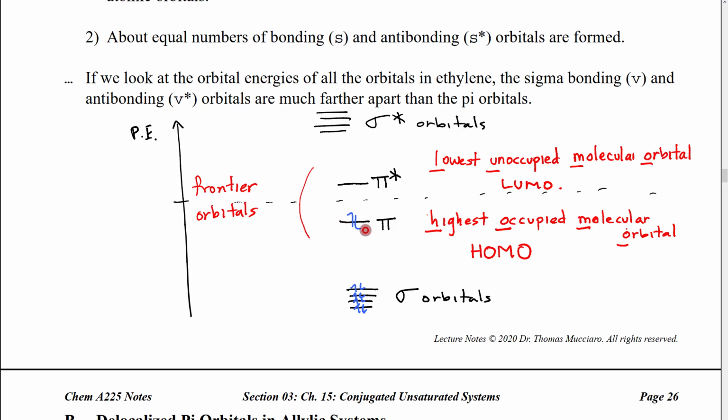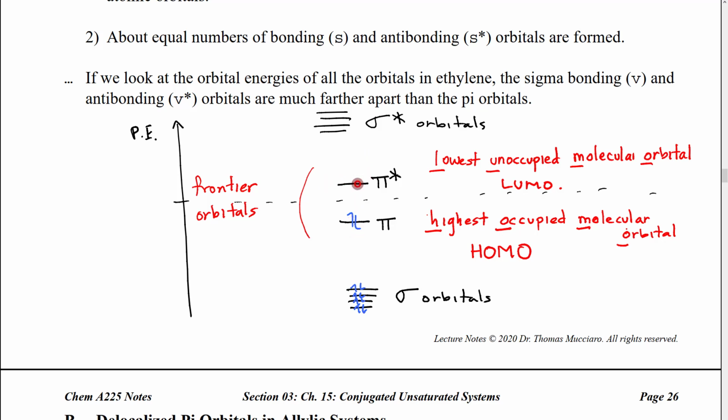We're going to have one orbital at a certain potential energy that will be completely filled, and it will be the highest energy occupied molecular orbital. Then directly above it, it could be far away, but it's still above it, the next orbital in energy will be the lowest energy unoccupied or empty molecular orbital.